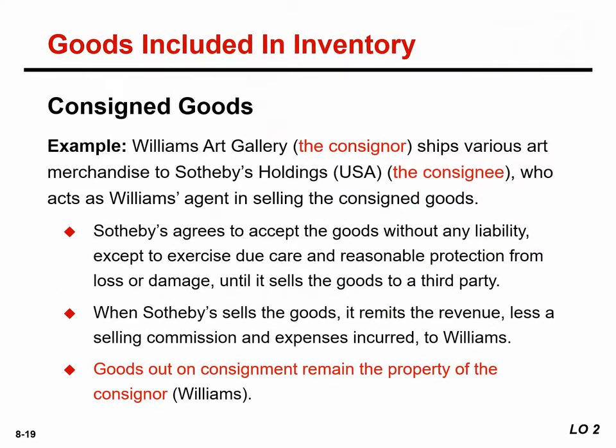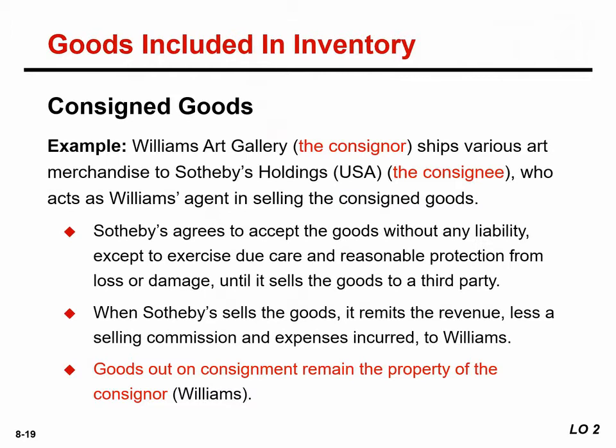The second issue that might cause a problem here is called consigned goods. Sometimes you might ask an agent to sell goods for you, but you did not actually sell the goods to the agent.